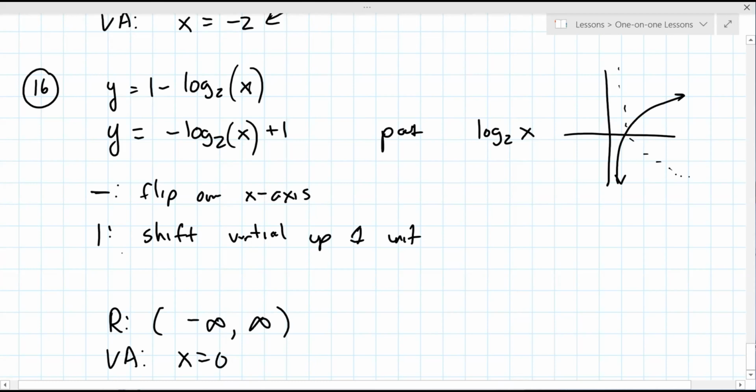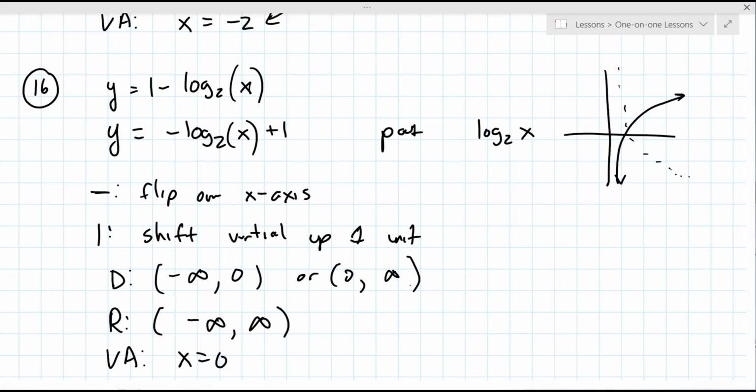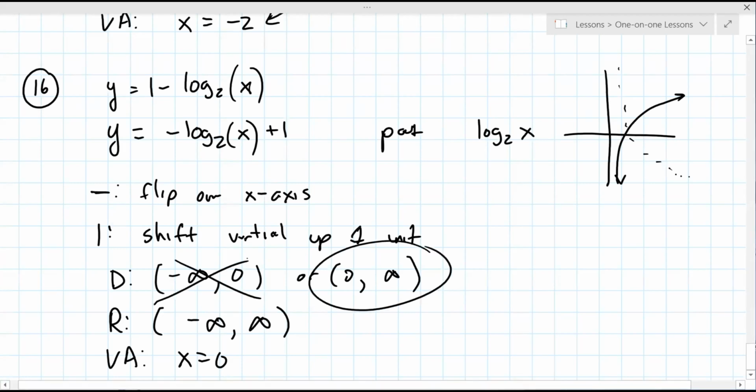So the domain is only affected when you move left or right. So the domain here is either minus infinity to 0, or it's 0 to infinity. 0 to infinity. So it's this one here.